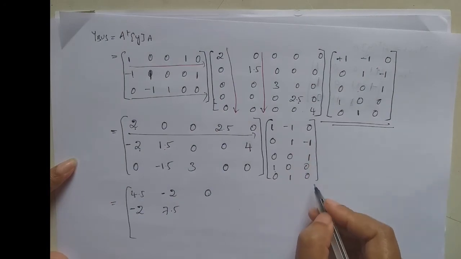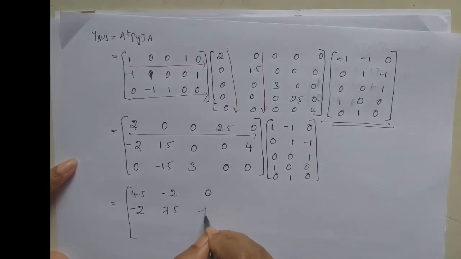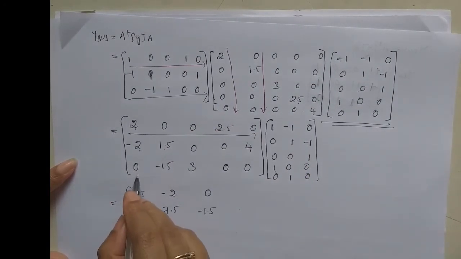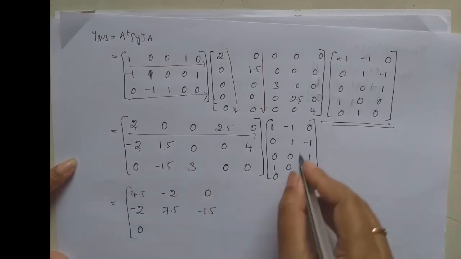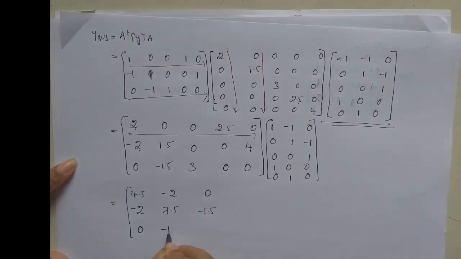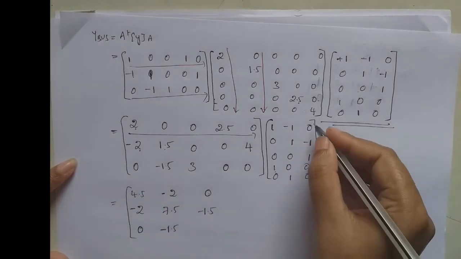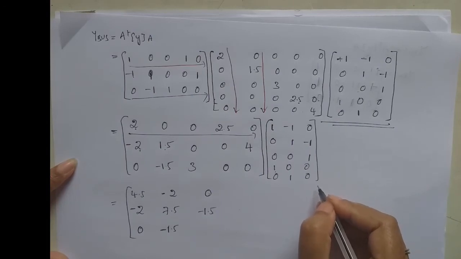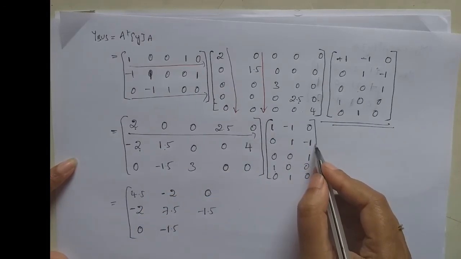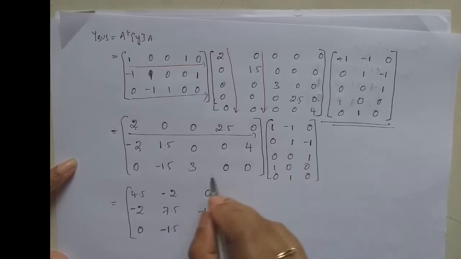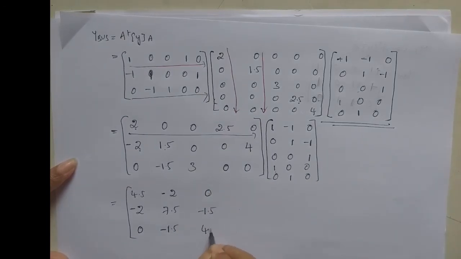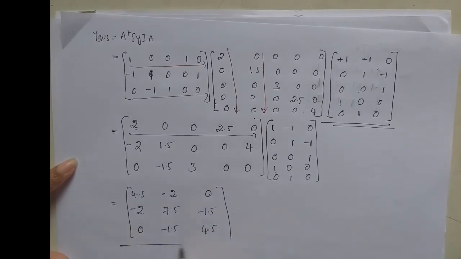And second row third column, it is minus 1.5. Third row first column, it is 0. Third row second column, it is minus 1.5. Third row third column, it is minus 1.5 into minus 1, it is plus 1.5. 3 into 1, it is 3. So totally 4.5. This is matrix Y bus.